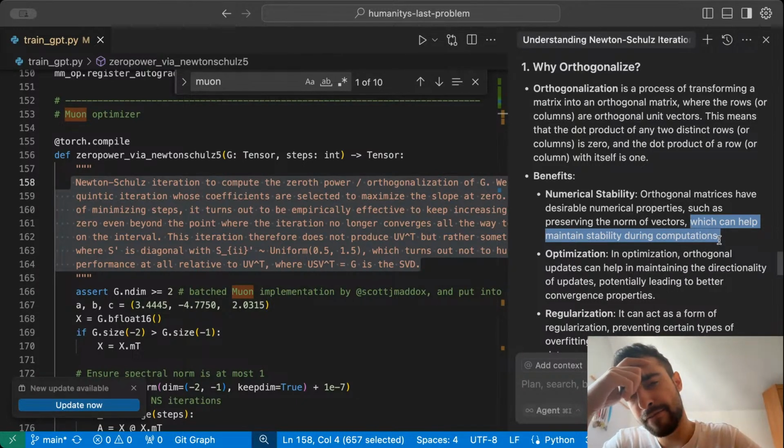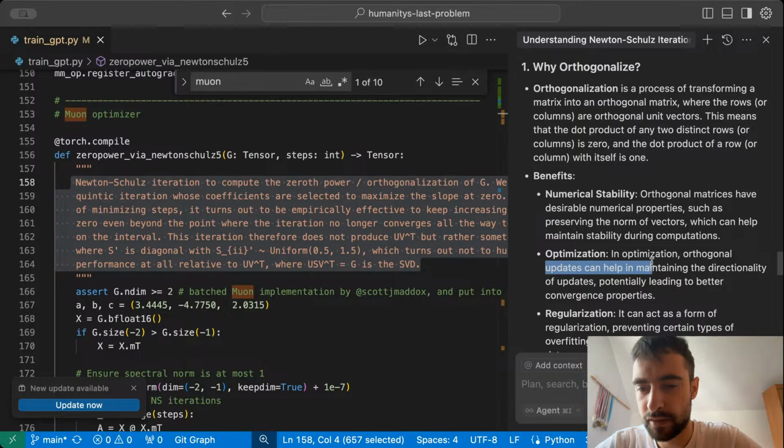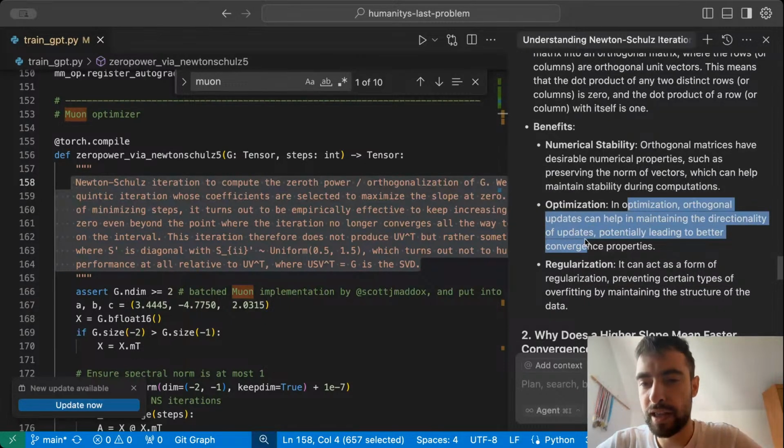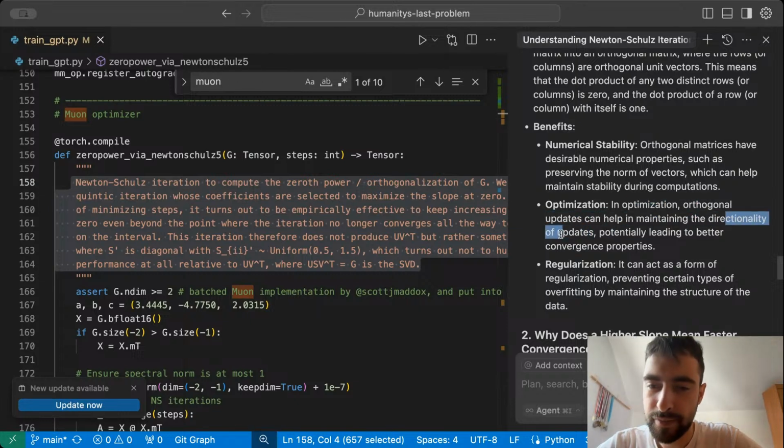Preserving vectors between, so vectors are between 0 and 1, or what? I don't know. Optimization: in optimization, orthogonal updates can help in maintaining the directionality of updates, potentially leading to better convergence properties.